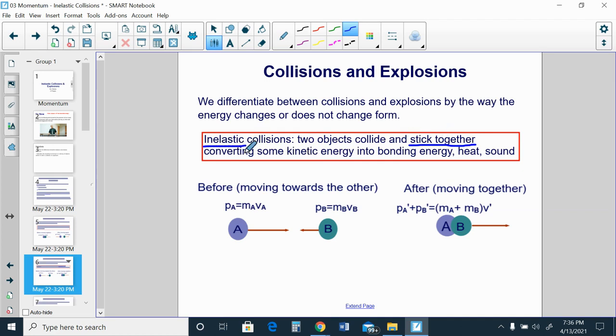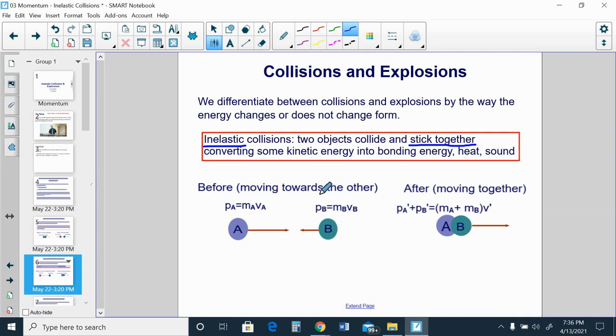When this happens, they convert some kinetic energy into bonding energy, if these are molecules, heat, and sound. So the energy doesn't disappear, it's just converted to another form. We have our kinetic energy as they move together, and then they stick, and it's no longer all kinetic energy; some of it will be converted into bonding energy, heat, and sound.